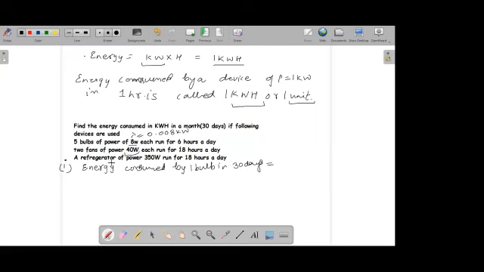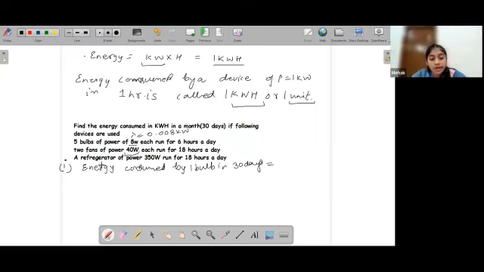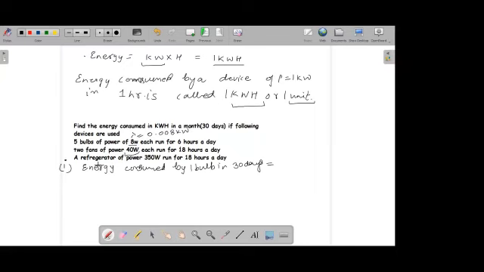Sir, or can we find energy first, all of those energies, and then divide, adding all of those and then dividing it by 1,000? But that gives some wrong interpretation. Somewhere we are going wrong in that case. Why are we going wrong in that case? As we will be getting the unit as watt hour.